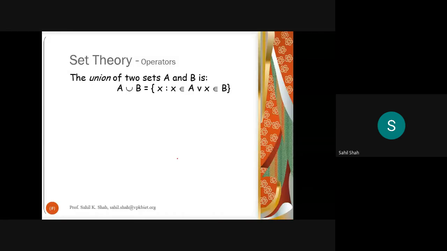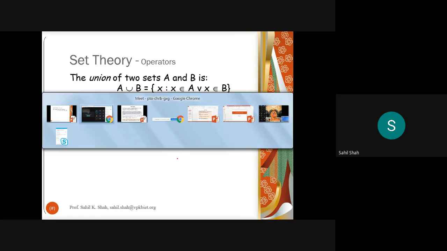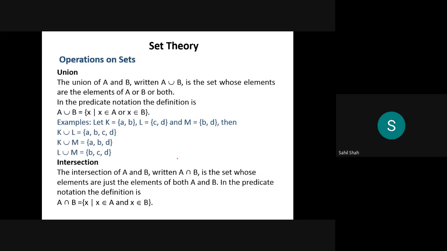If this is clear, let us go on with the operations of set theory. There are four major operations on the set theory, namely union of two sets, intersection, difference, and symmetric difference of two or more sets.